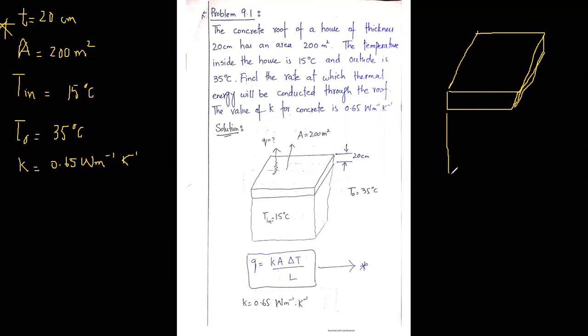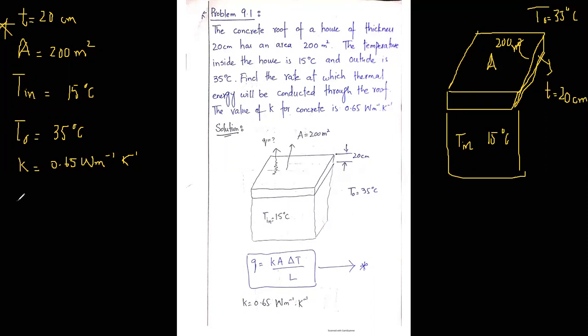This is the inside temperature, the room temperature, T in equals 15 degrees Celsius, and there is a T out, the outside temperature, 35 degrees Celsius. The area of the roof is 200 meters square, and the thickness is 20 centimeters.